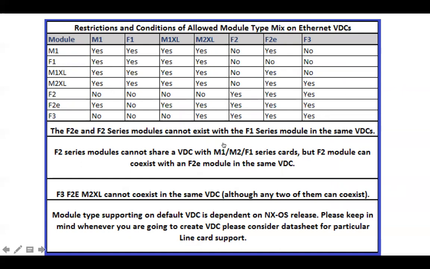I would say whenever you are creating VDC, I suggest you go with module type limitations. Okay, like F2 series module cannot share a VDC with M1, M2, F1 series line cards. Okay, so here I am not going to take much time on that. I always suggest to go through the release notes.